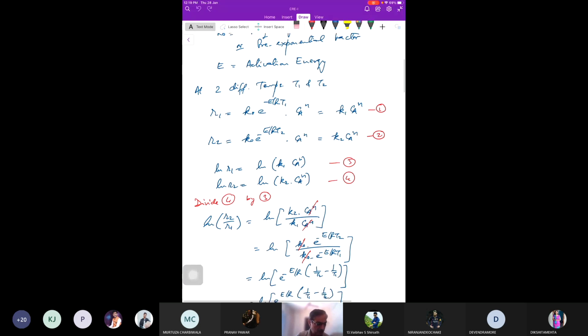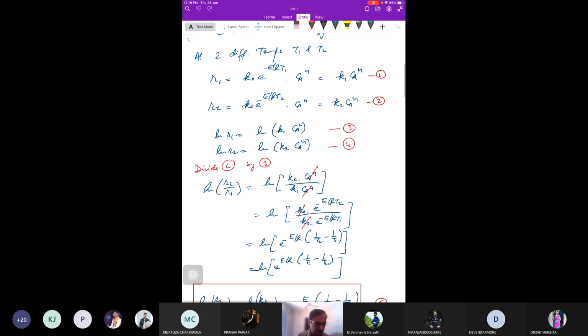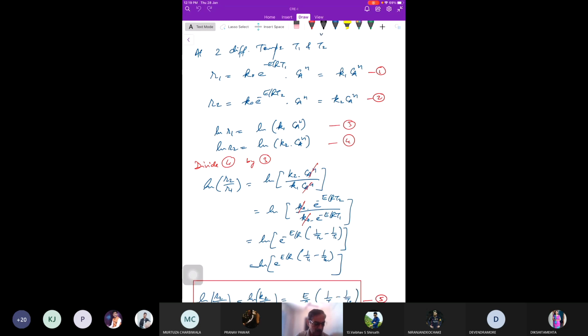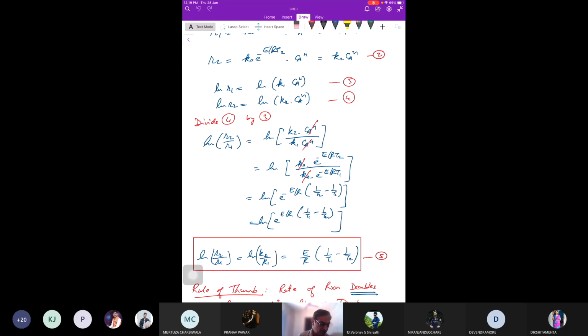Divide 4 by 3, we get ln R2 by R1 equals ln of k2 Ca to the power of n divided by k1 Ca to the power of n. Ca to the power of n gets cancelled out. What we get is ln k2 by k1, which is nothing but ln of k0 e to the power minus E by RT2 over k0 e to the power minus E by RT1. k0 cancels, and what you get is ln of e to the power minus E by R bracket 1 upon T2 minus 1 upon T1.